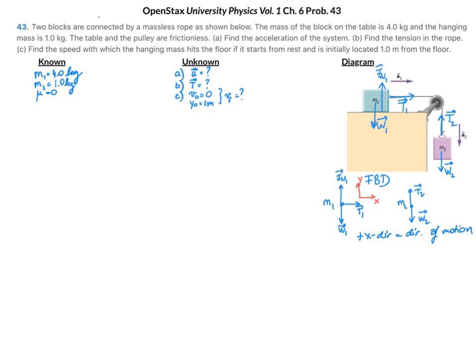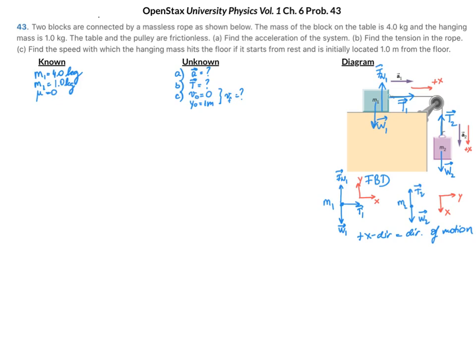And now this might throw you for a loop, but since the acceleration is down for m2, this will be my positive x, and positive y would be perpendicular to that in this direction. So use the direction of the acceleration as your positive x direction, because it will come in really handy when you have to figure out directions, pluses and minuses, on your forces.